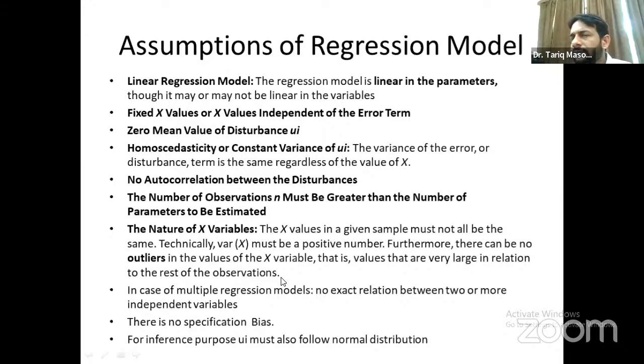But when we include wealth, the problem is there may be high correlation in reality when we take data of income and wealth. You will observe that those people who have large wealth are the same who have high income. So there is overlap between these two variables, and there is high correlation between income and wealth.